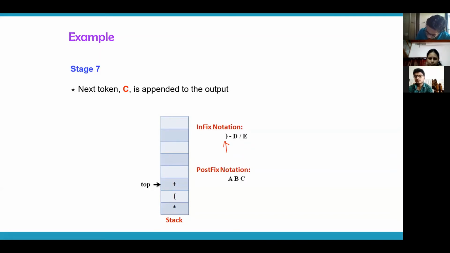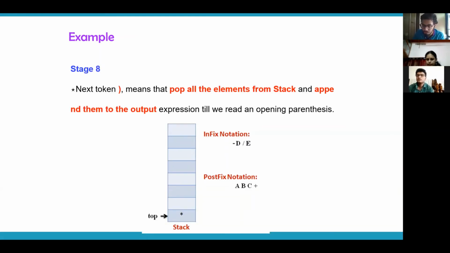So who is there in the stack until you meet his wife? Plus is there. In the next step, plus will get removed and come here. Left parenthesis will also get removed, but you can never append that to the queue. You will just pop it away. So plus will come to the postfix notation and left parenthesis will go away from the stack. In the next step, this will look like this.